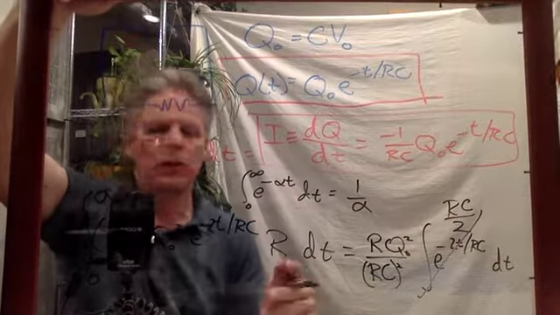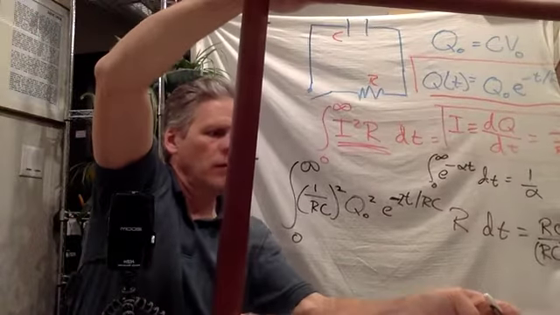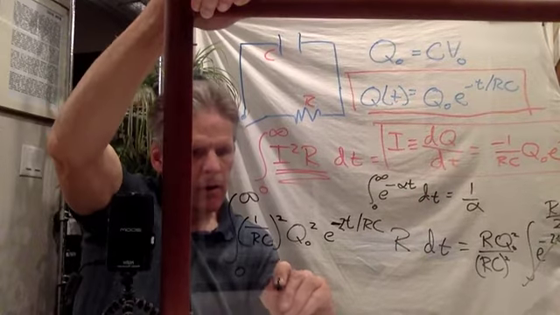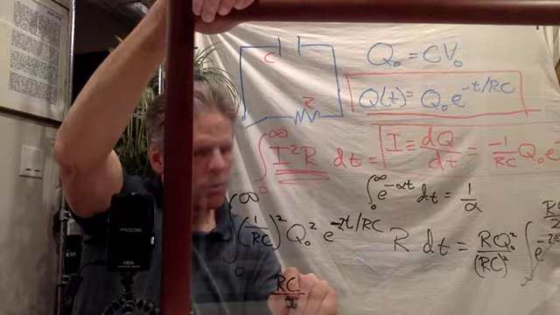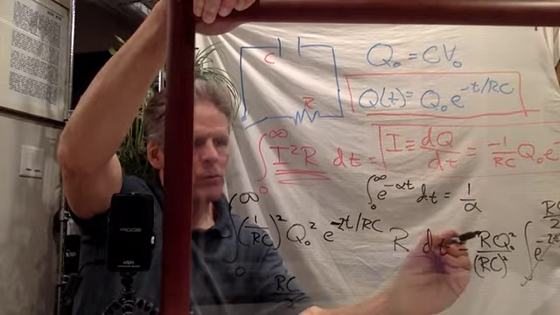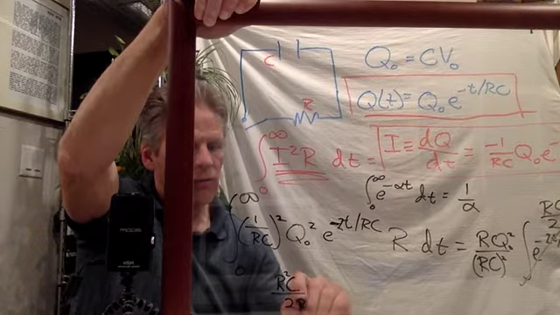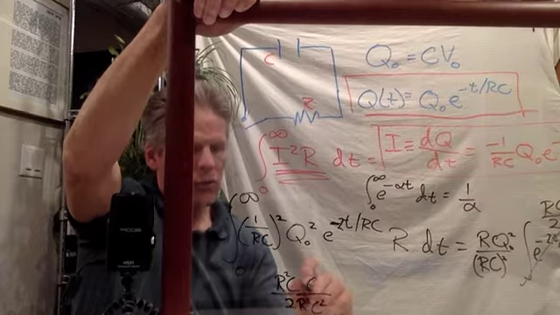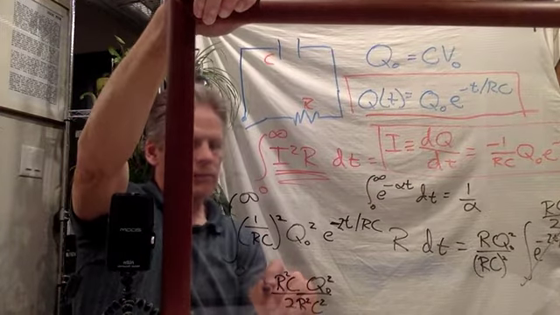So now I'm going to go ahead and simplify this over here. So we have RC over 2. I'm going to now put this other R in there, so it makes R squared. And I have an R squared C squared here, Q0 squared, and I believe we're done.